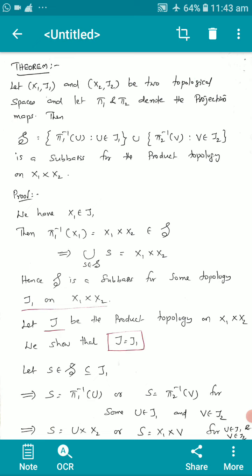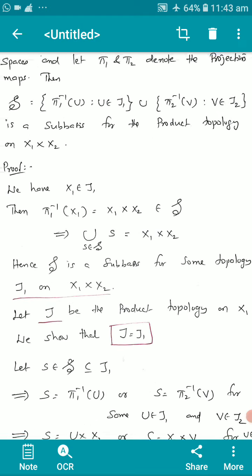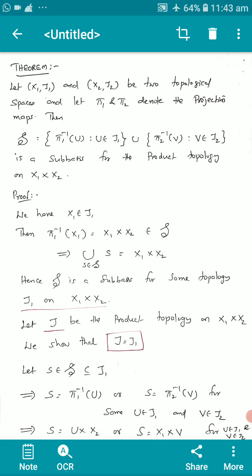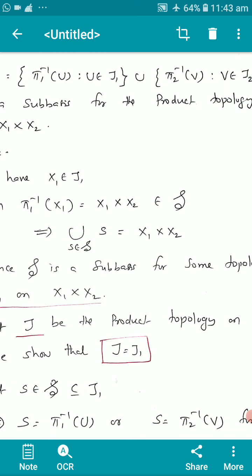We have to prove that S, that is the union of pi1 inverse U and pi2 inverse V, where U is open in tau1, V is open in tau2, is a sub-basis for the product topology on x1 cross x2. That's what we prove. Proof. We have x1 is an element of tau1. Then pi1 inverse x1 is x1 cross x2.